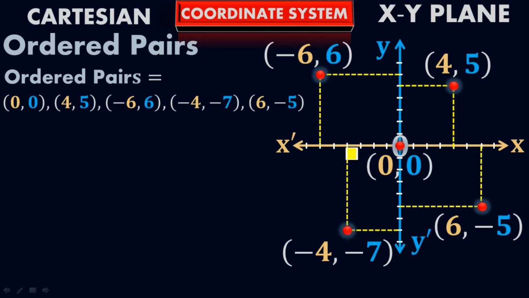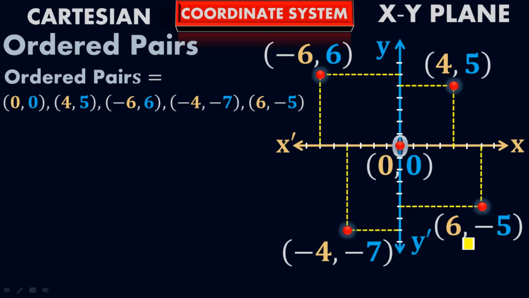And negative 7 along the y-axis: negative 1, 2, 3, 4, 5, 6, 7. It is negative 4 along the x-axis and negative 7 along the y-axis. It comes inside the third quadrant. Therefore, both the values along the x-axis and the y-axis are negative.